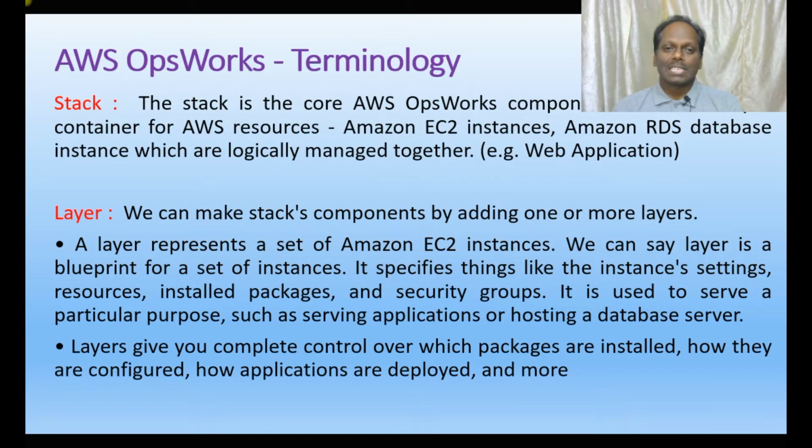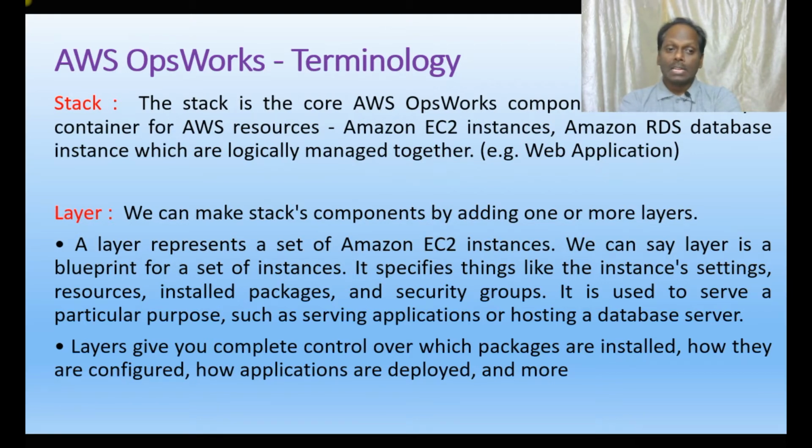What is a stack? Stack is the core AWS OpsWorks component. It's basically a container for AWS resources like EC2 instances and RDS database instances which are logically managed together, for example, a web application. Layer: we can make stack components by adding one or more layers. A layer represents a set of Amazon EC2 instances.